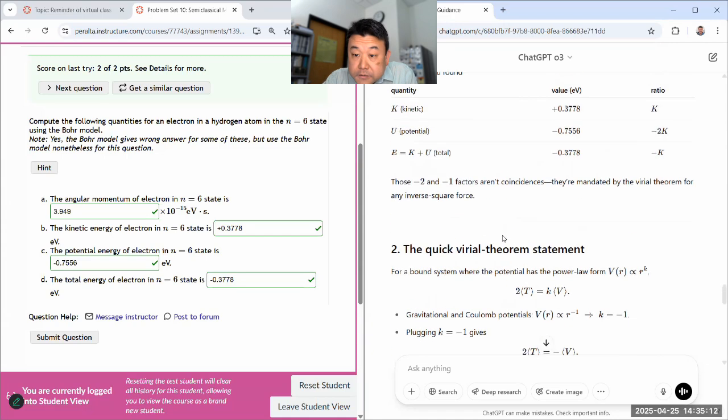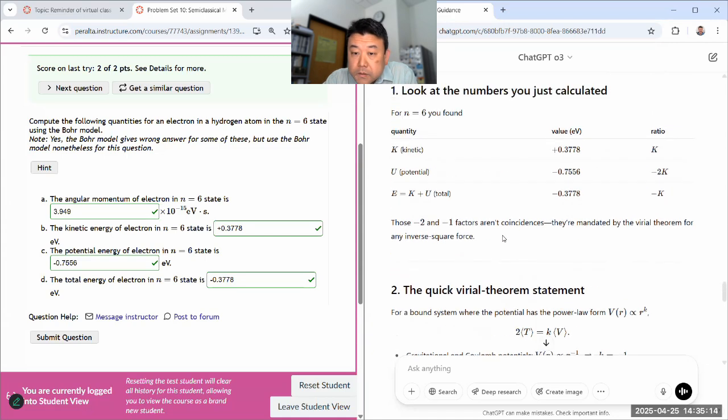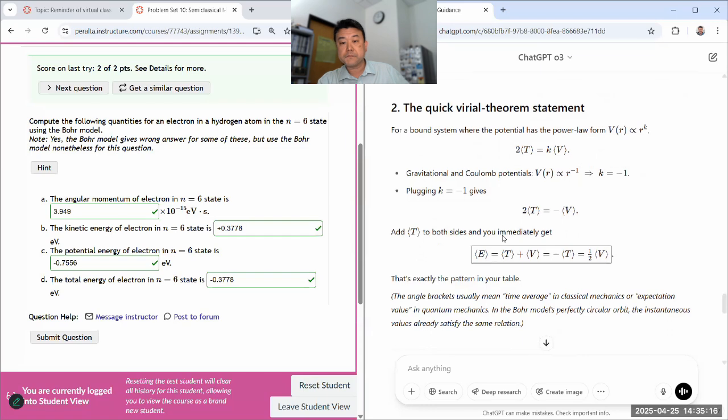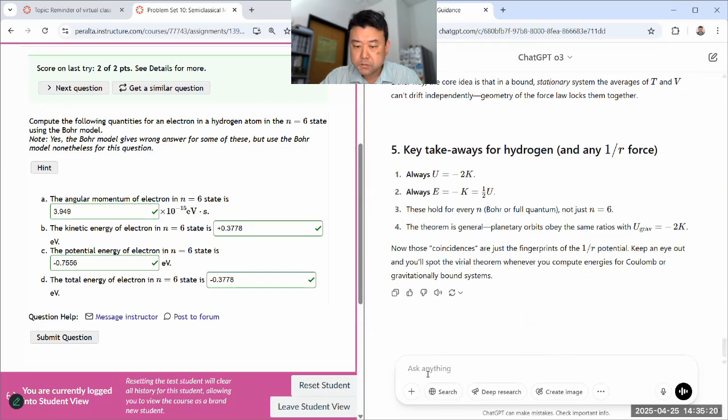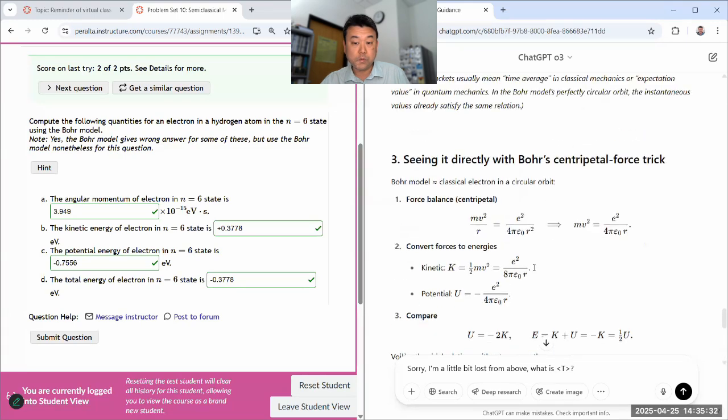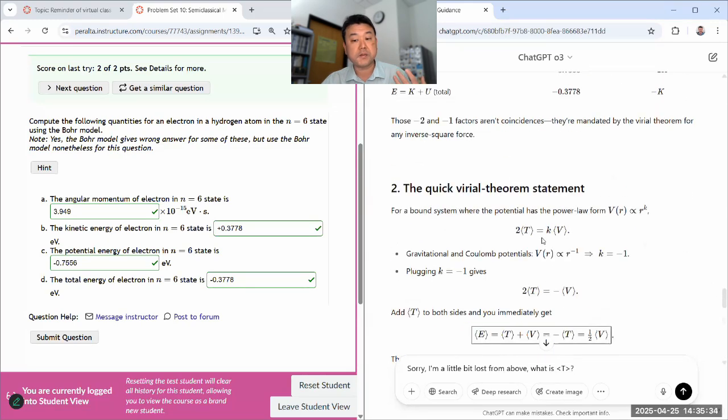Did it not explain? Sorry, I'm a little bit lost from above. What is T? And this is the kind of thing that you run into as you are reading through a Wikipedia page.